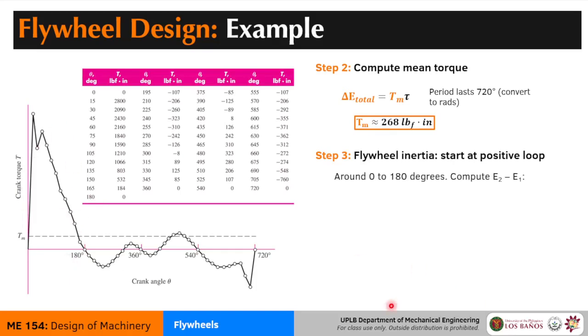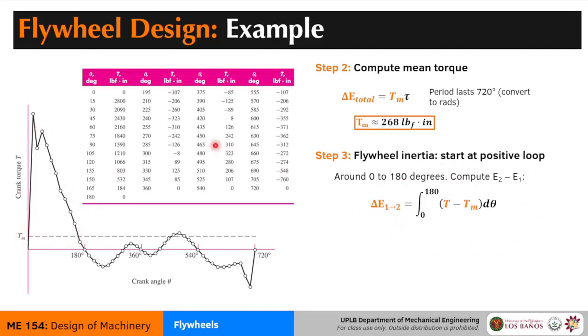From 0 to 180, we're going to compute the change in energy. Graphically, that is the area under this curve minus the area beneath the mean torque. We're only going to compute this area here, and it is represented by this curve.